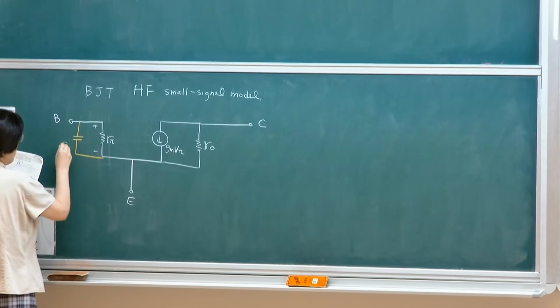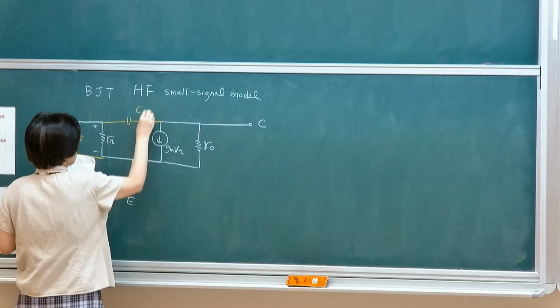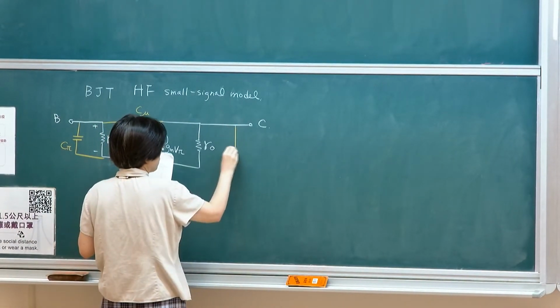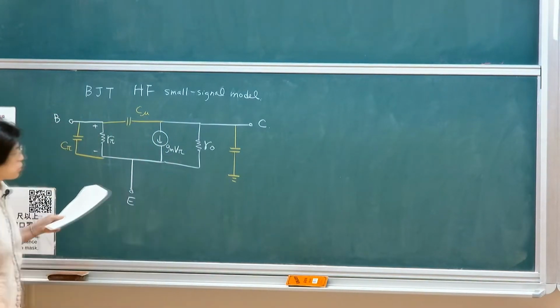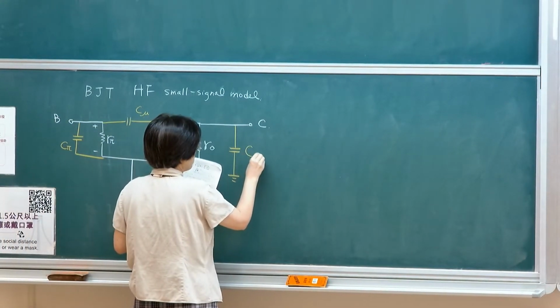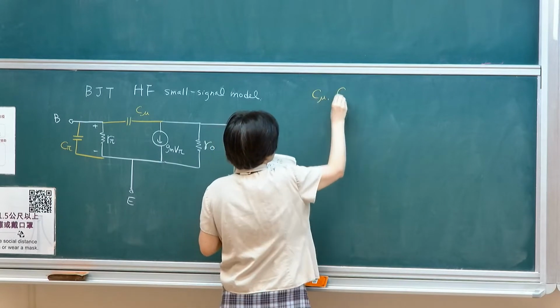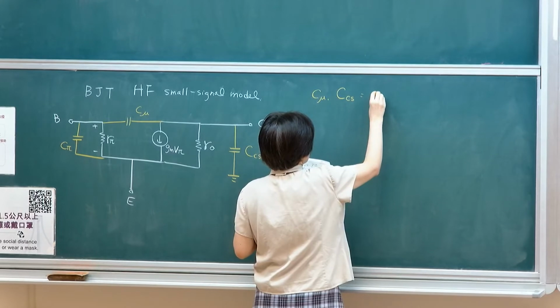This is C pi, C mu. And if you want to be more complete, typically there's also the collector and substrate junction, which is also in reverse bias, so there's CCS. So I have C mu and CCS. These are reverse bias.